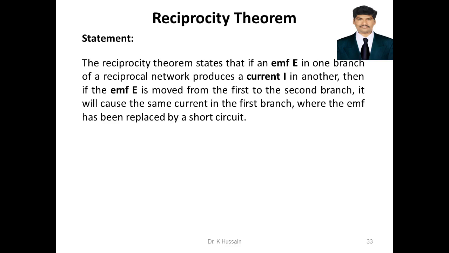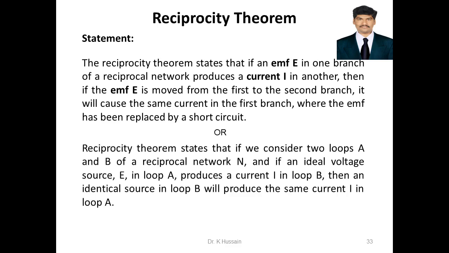The same theorem we can give with another statement. The reciprocity theorem states that if we consider two loops A and B of the reciprocal network, and if an ideal voltage source E in loop A produces current I in loop B, then an identical source in loop B will produce the same current I in loop A. So in this way also we can state this theorem, either the first statement or the second statement.